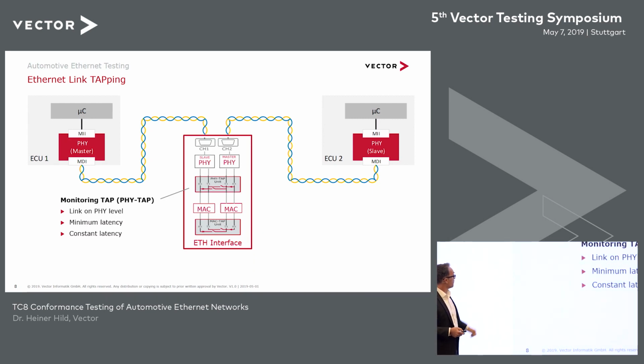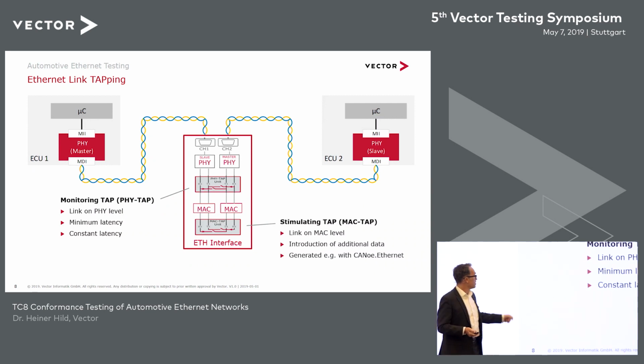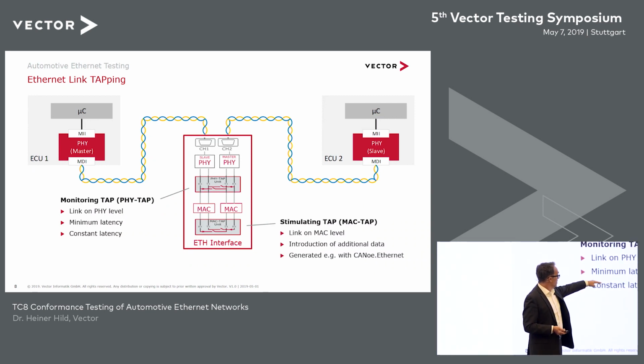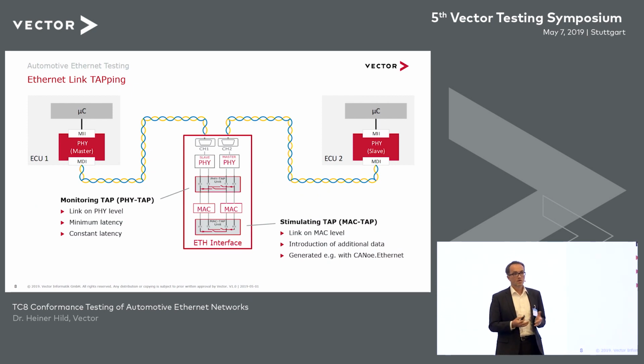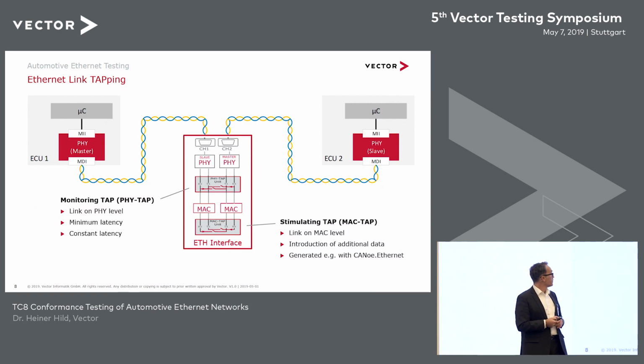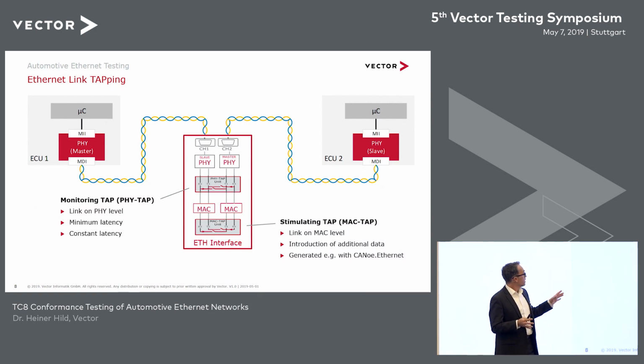And for that, there are two levels: monitoring tap through a bridge directly on the PHY, or stimulating tap behind the MAC. So on the software level, you can not only analyze, but falsified test data or lapses or whatever can be injected and fed into the running and ongoing communication.